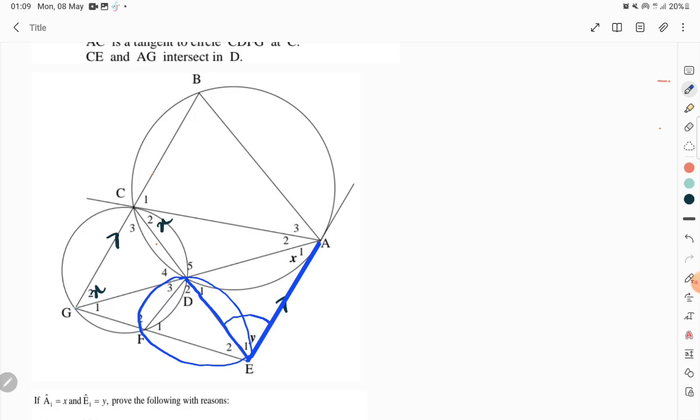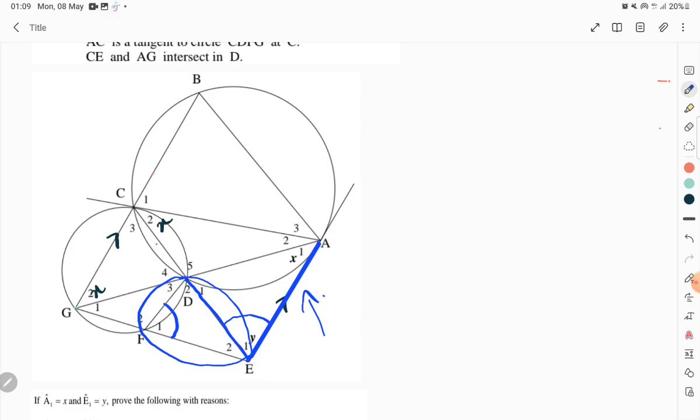Should that angle Y be equal to the angle subtended by the chord at the circumference of this new circle, which means if F1 is found equal to Y, then this line is going to be a tangent of this circle.